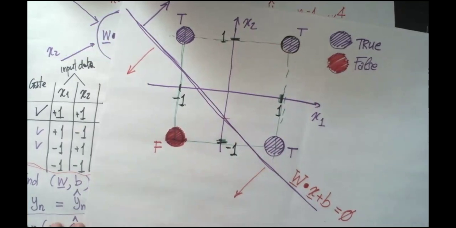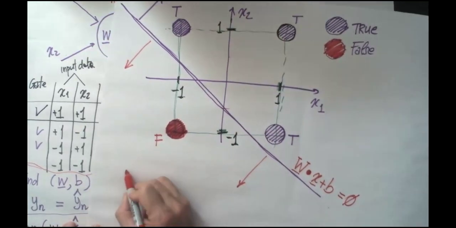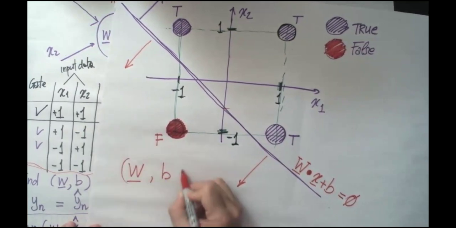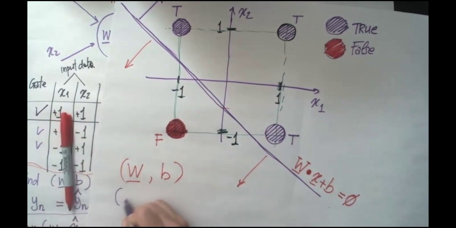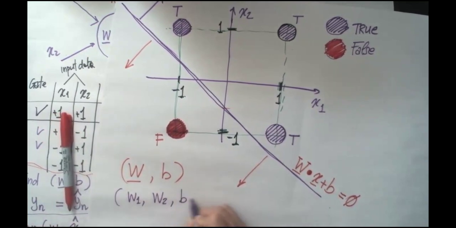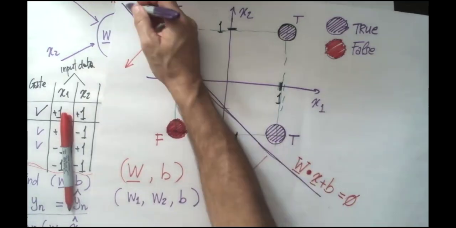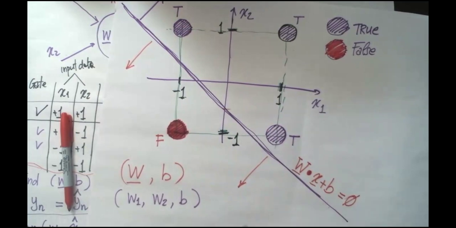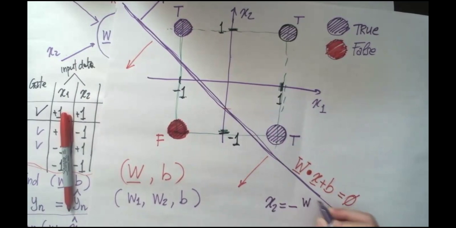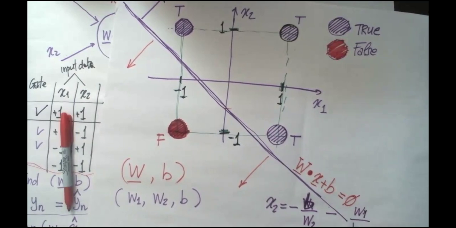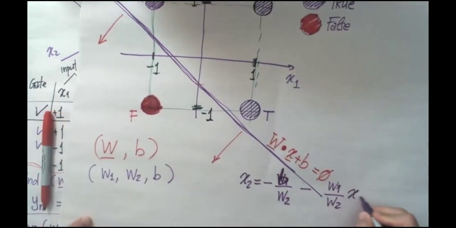Another important thing to realize here is that we need to estimate W and B, which correspond to 3 parameters, W1, W2, and B. However, when we draw this line, it is made of 2 parameters, an intercept and a slope, because we have seen that we can write x2 as minus B over W2 minus W1 over W2 times x1.